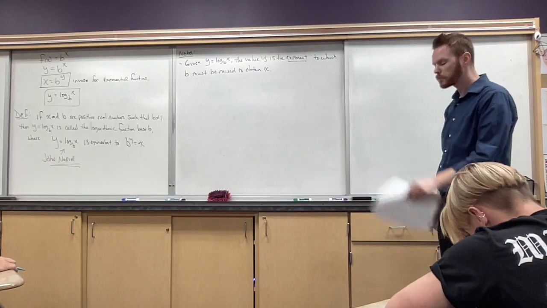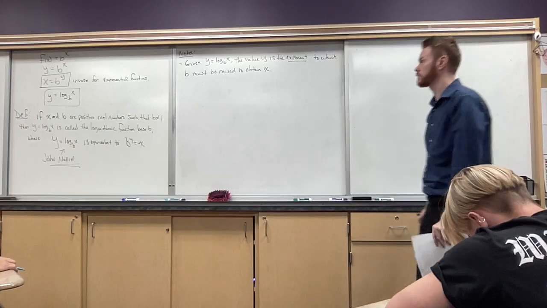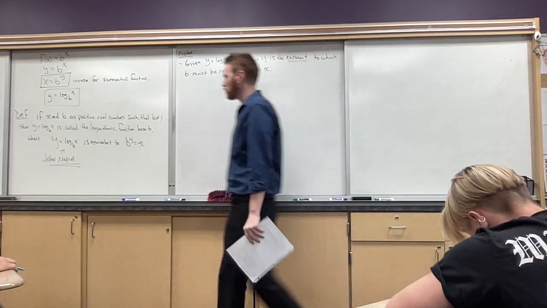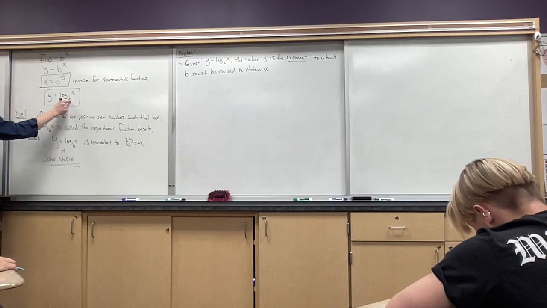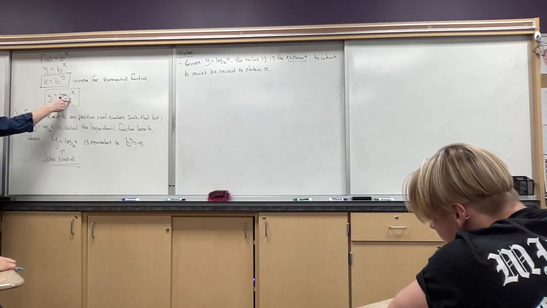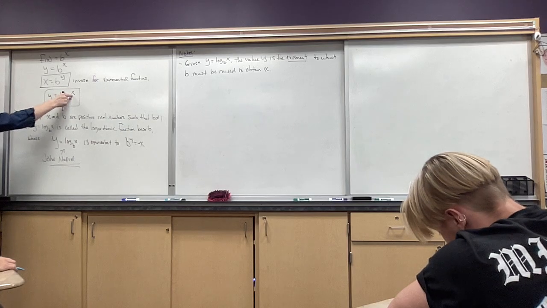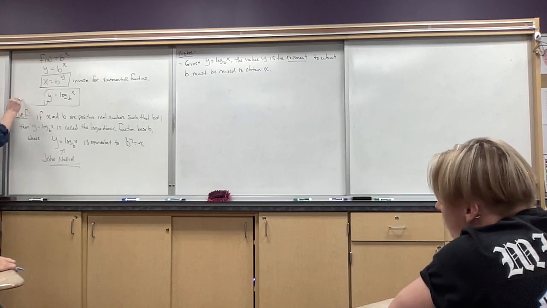Now this will make more sense when we actually put an example underneath it. We're going to see a bunch of examples today. So in other words, looking at this over here, whatever the number is, 4, 5, 6, what does it have to get raised to get this number? That's the exponent part.